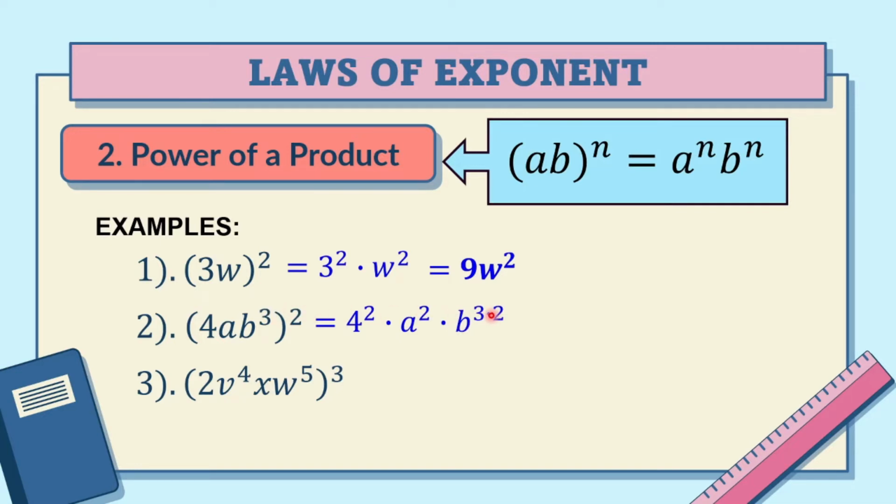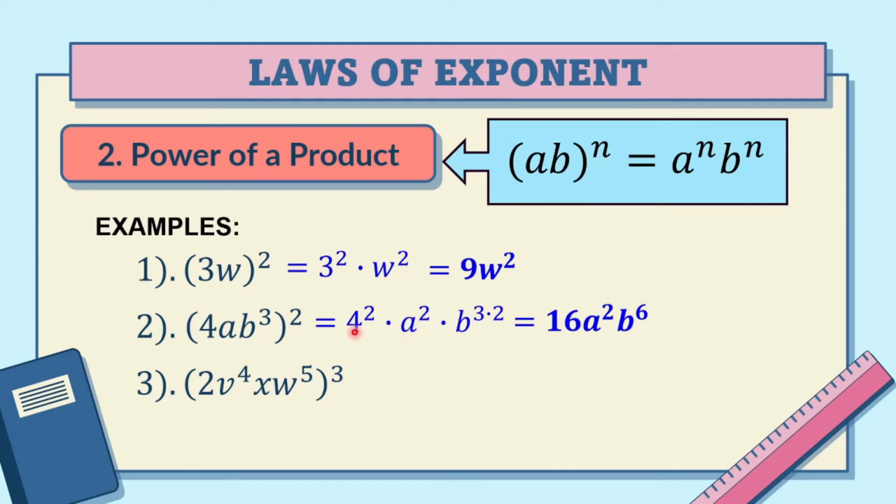Then i-multiply siya sa 2 or this squared. Okay, so hindi siya plus. Tandaan na kapag ang exponent ay nasa loob ng quantity at mayroong exponent sa labas, ang gagawin natin doon is multiplication, hindi siya addition.